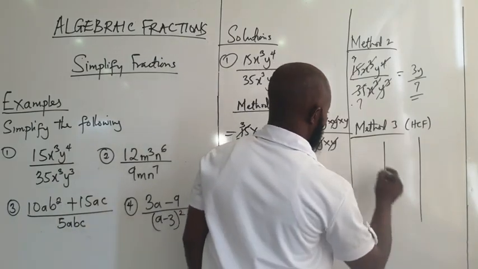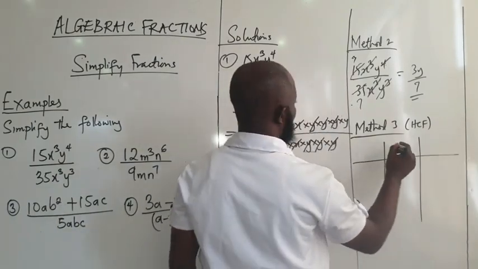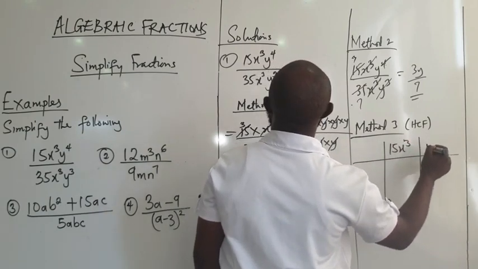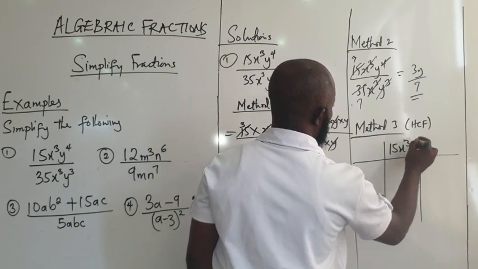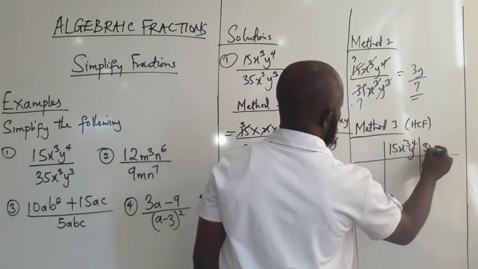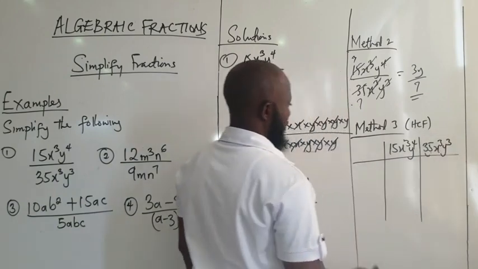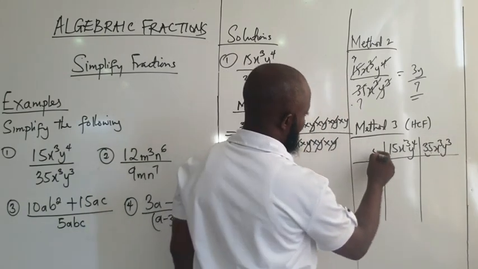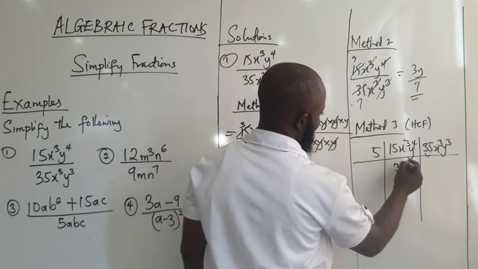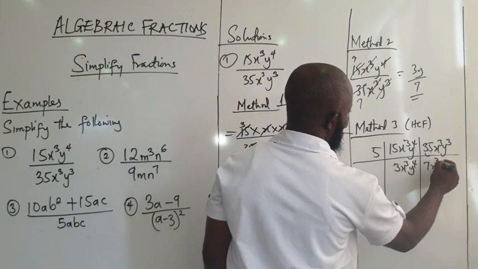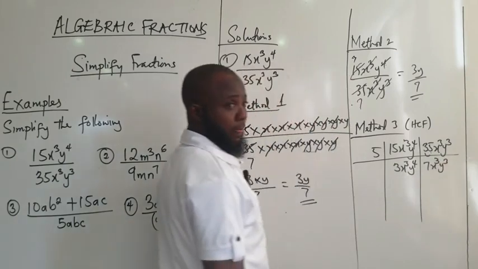We can do it this way, so that we have 15 x cubed y raised by 4, then 35 x cubed y cubed. So what is common is 5. That is 3x cubed y raised by 4, 7x cubed y cubed as well.